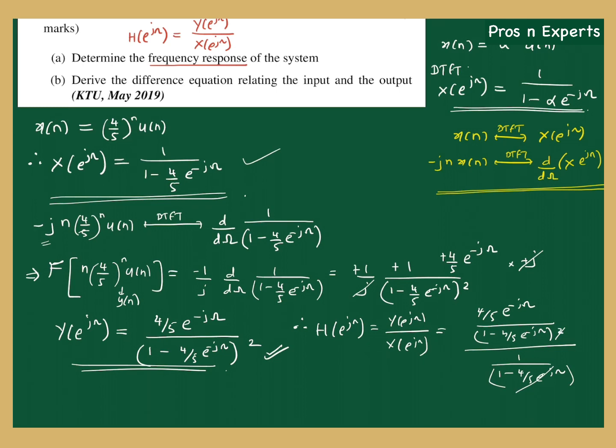That implies H of e raised to j omega, the frequency response, is equal to 4 by 5 e raised to minus j omega whole divided by 1 minus 4 by 5 e raised to minus j omega. That turns out to be the answer to part A.